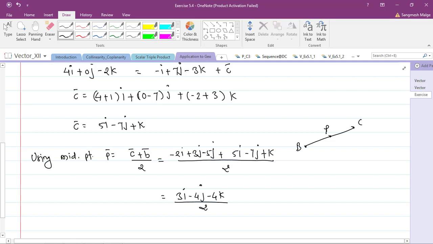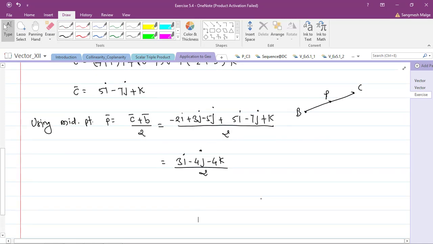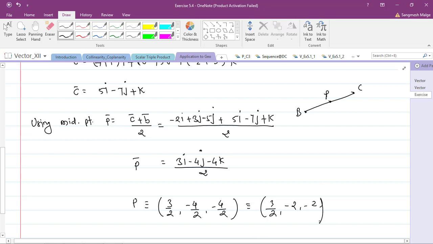Removing I, J, K, you get the coordinates, since this is the position vector of point P. So P equals 3/2, minus 4/2, minus 4/2, or simplified, 3/2, minus 2, minus 2. This is the required answer, the midpoint of BC.